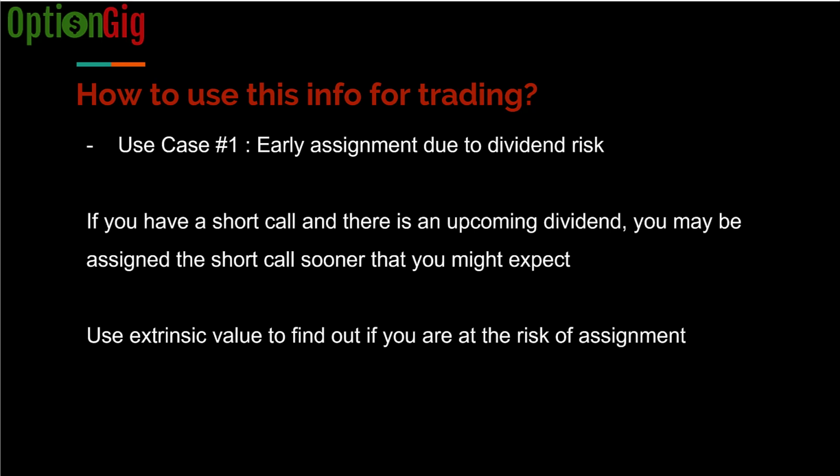If the extrinsic value of the option contract is more than the dividend payout, then you are not at the risk of assignment. But if the extrinsic value left in the option contract is less than the amount of dividend being paid out, then you are at the risk of early assignment.